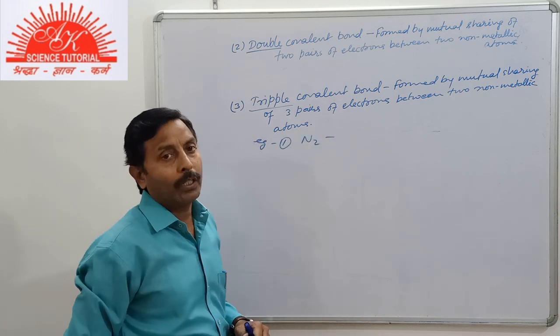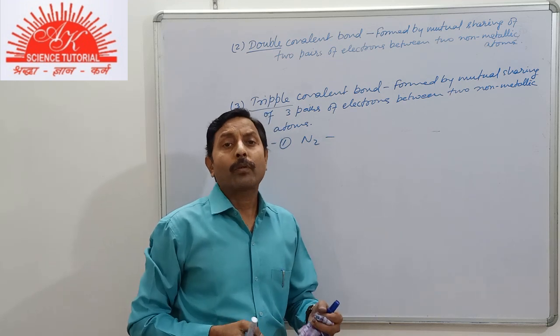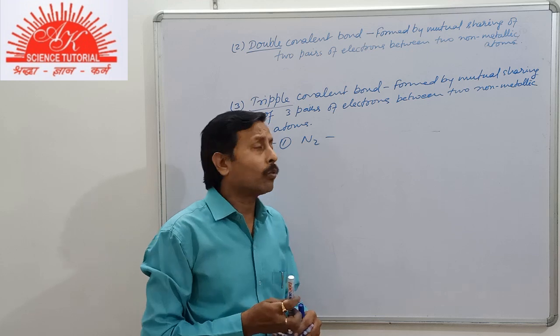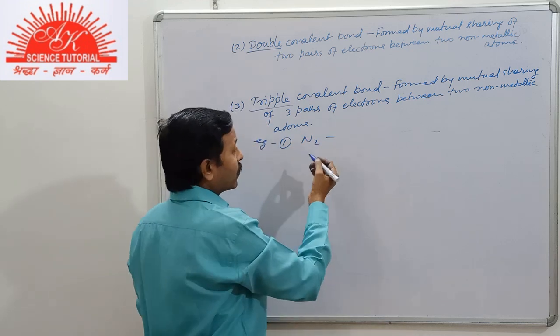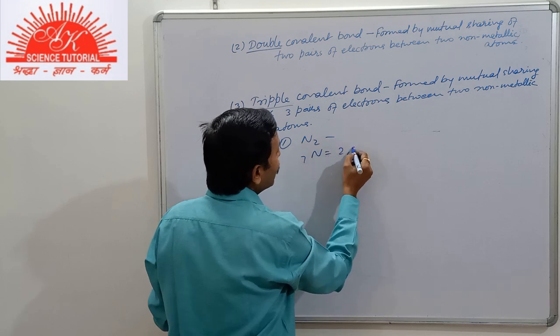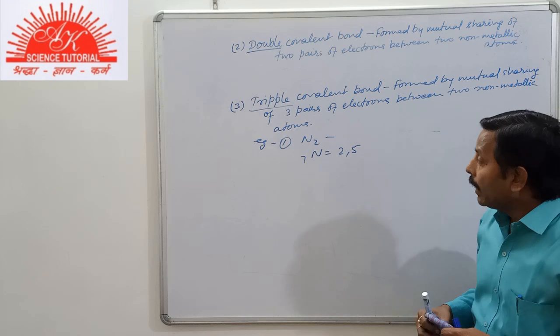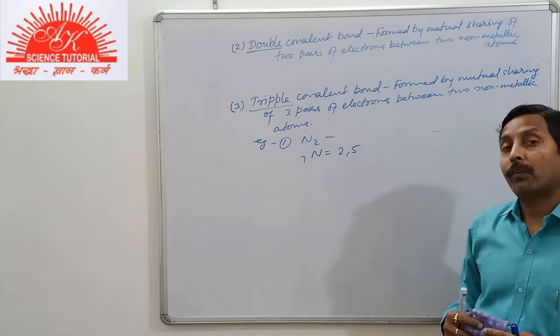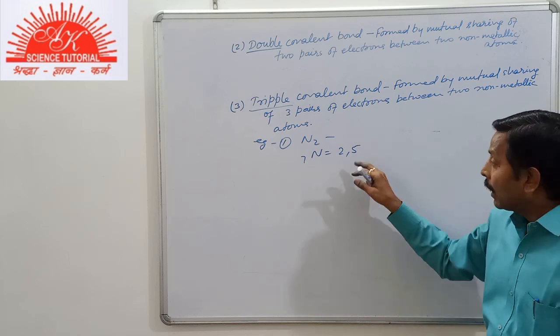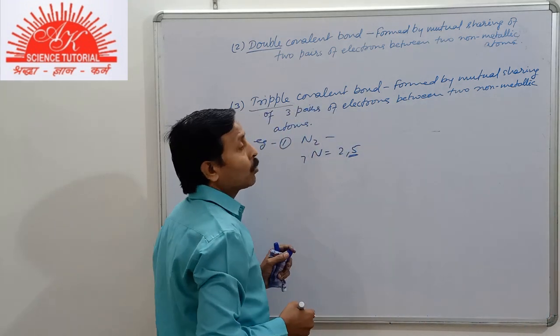Example, again, N2, nitrogen molecule. In single covalent bond we used hydrogen, you can have a chlorine molecule and so on. In double covalent bond, oxygen; here, nitrogen. Nitrogen has atomic number 7. Its electronic configuration is 2 and 5. Now you see, this nitrogen atom requires 3 more electrons to become stable.